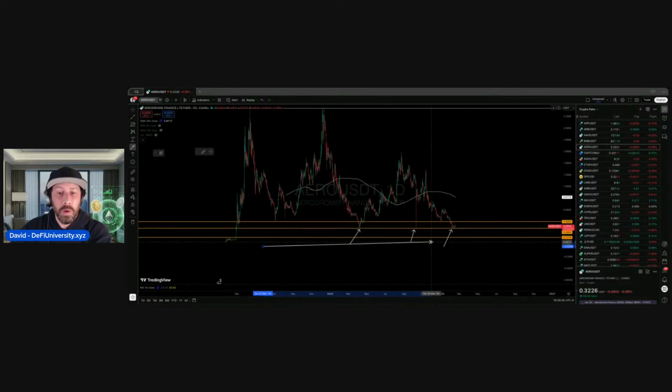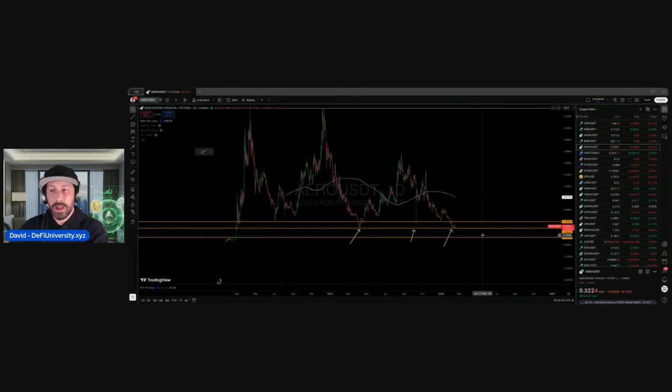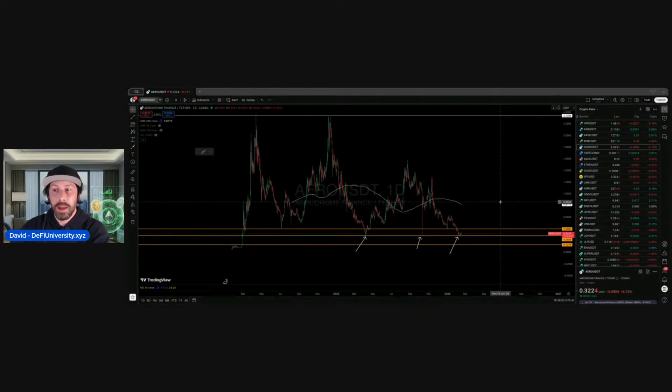The more times a level of support is tested, the more likely it becomes that it breaks. And I think that if or when 28 cents breaks and we see Arrow break down, it moves straight to 13 cents. So I am short Arrow, and like Aerodrome as a DEX, meh.